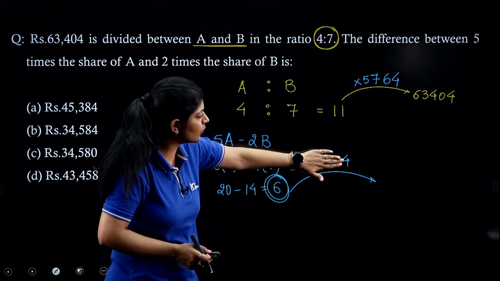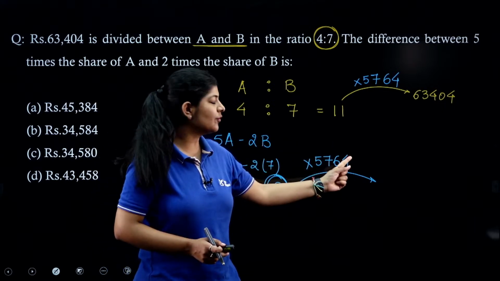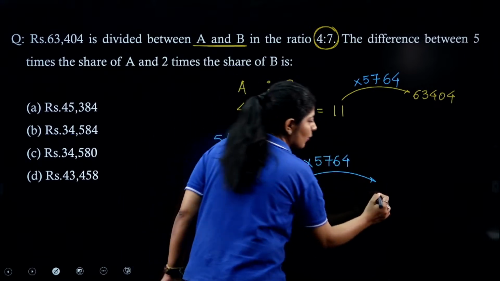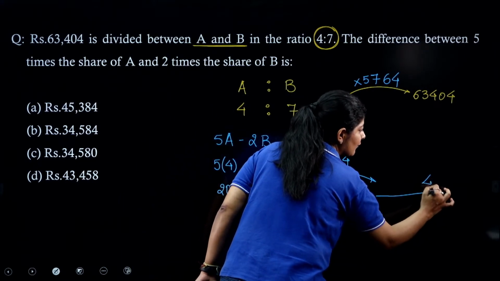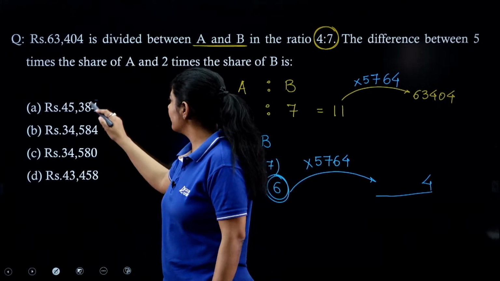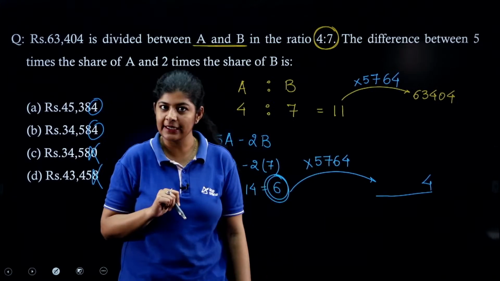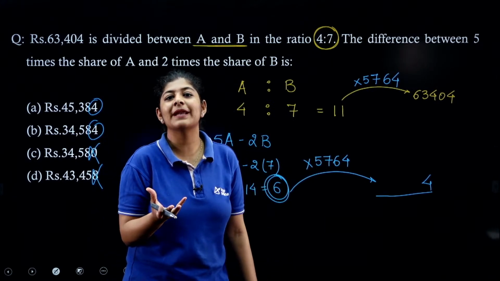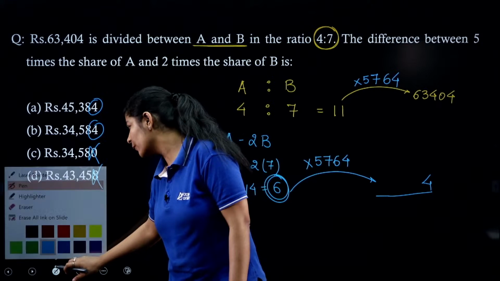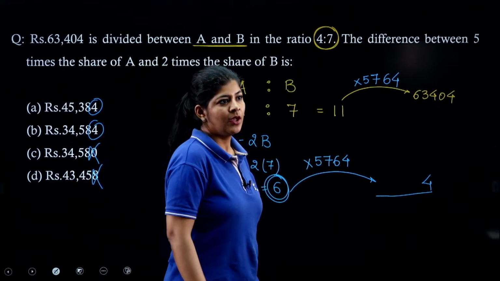I am not talking about the whole number, just the unit digit value. 6 into 4 is 24, so whatever answer we get, I need 4 at the unit place. Do we have that? Yes, but these two options are eliminated, so I can simply apply the elimination method, with which we can easily get our correct answer.